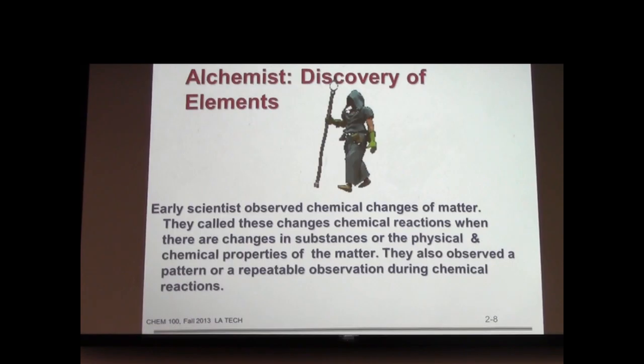That's the law of conservation of mass. Then when two different elements combine to form a compound like carbon dioxide, the ratio of masses between these two elements is always the same, right? So that's called the law of constant or definite proportions, and that's a pattern in the data.